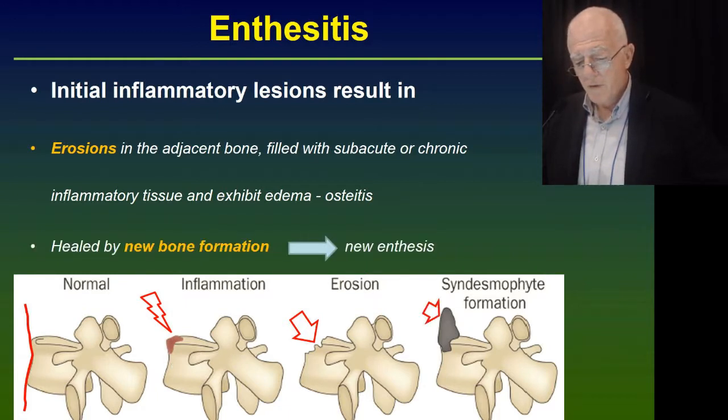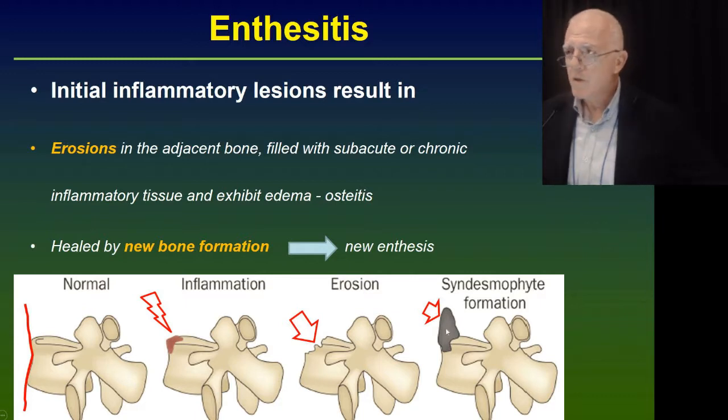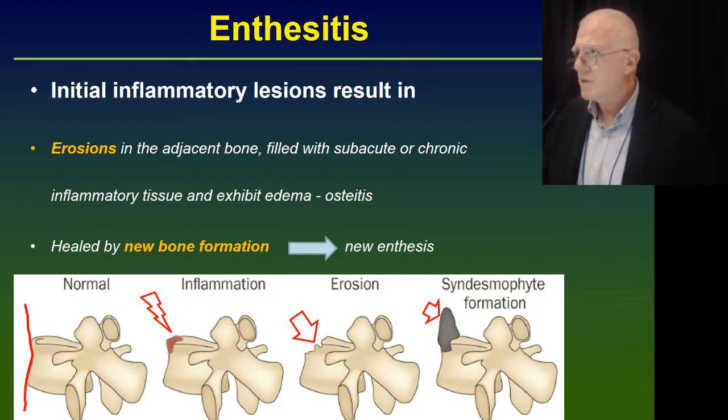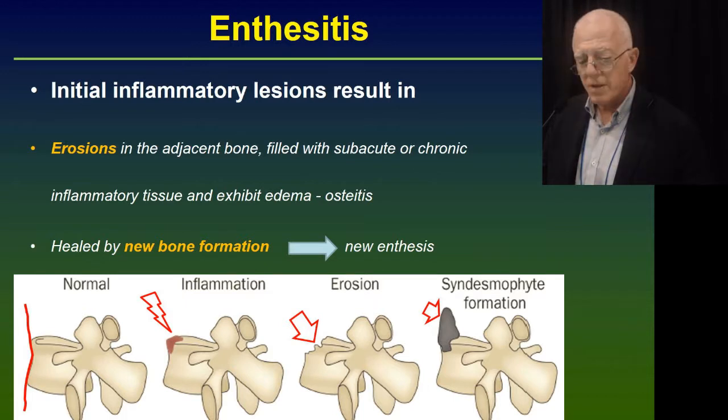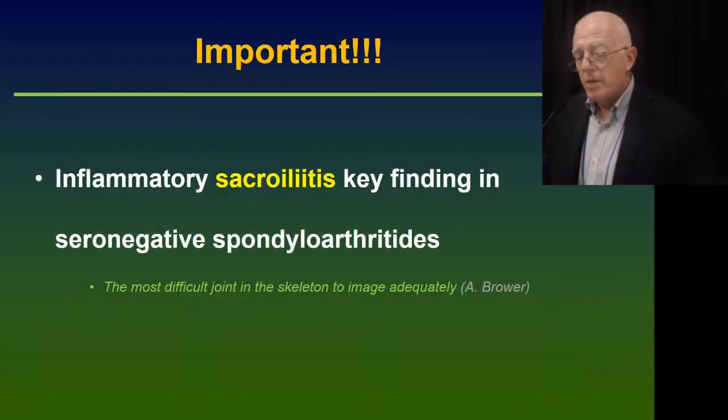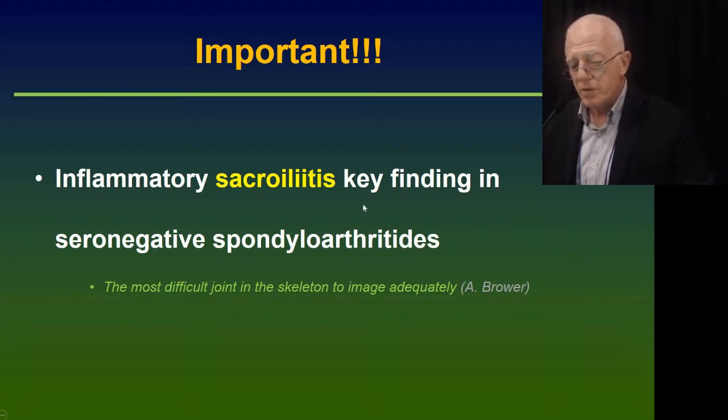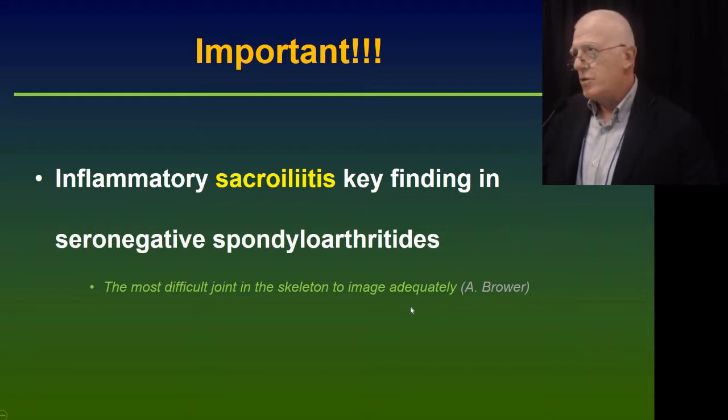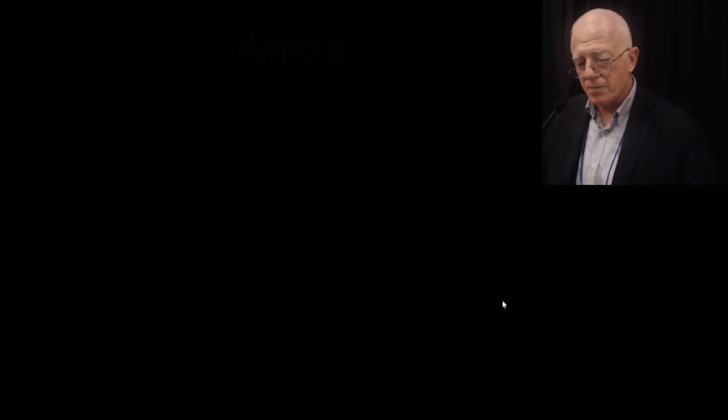Then this erosion is healed with new bone formation, the so-called enthesophyte, and this is a new enthesis. The most important and the cornerstone for diagnosis of spondyloarthropathy is the presence of sacroiliitis. And perhaps the sacroiliac joint is the most difficult to image, as Anne Brouwer has said in her textbook.